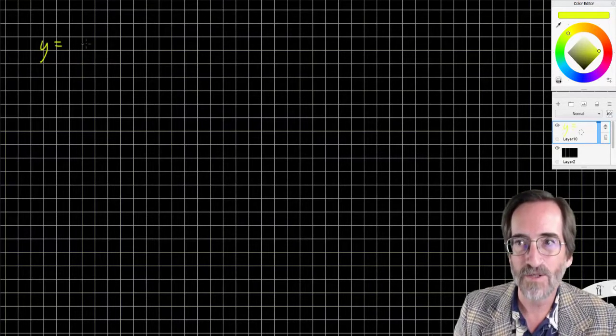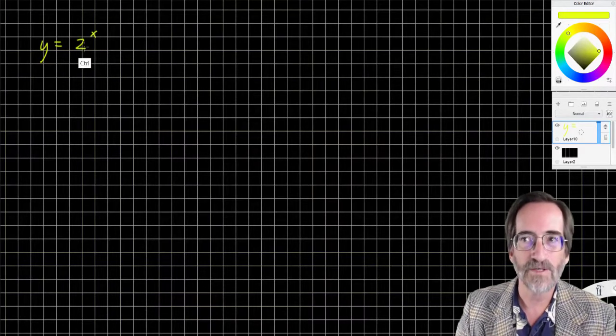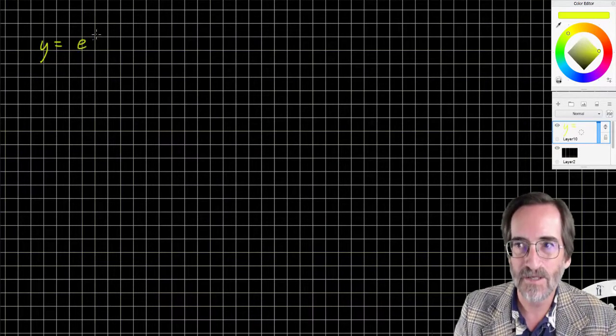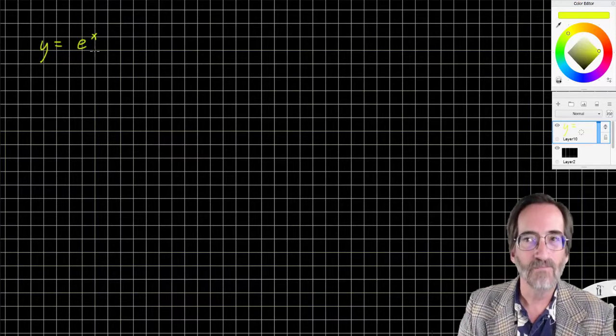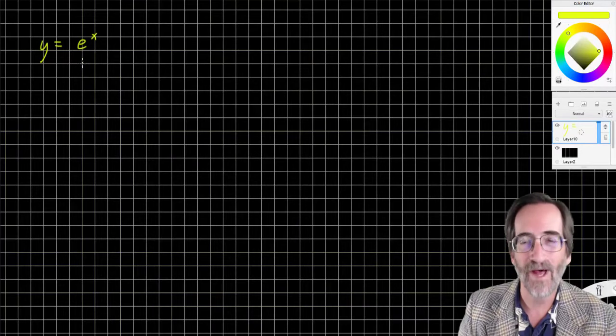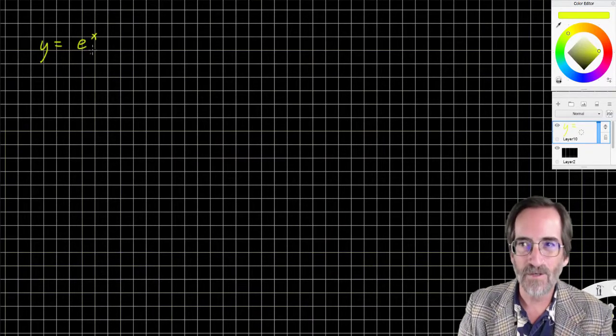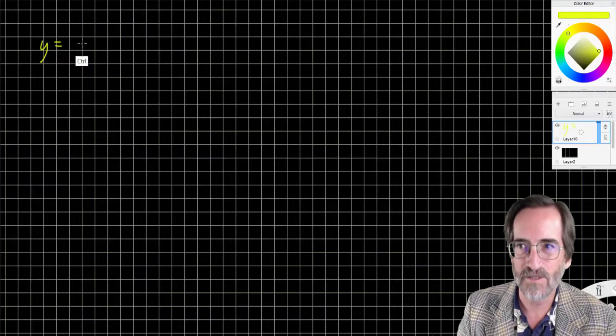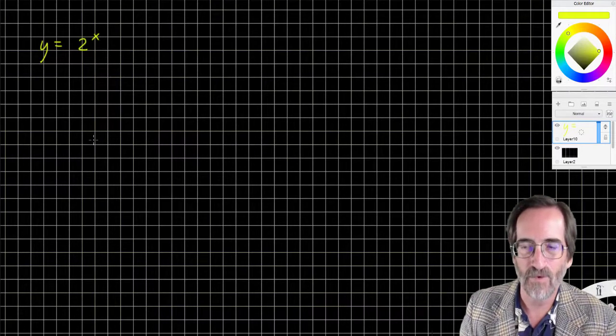So the parent function here could be 2 to the x, or oftentimes is e to the x. Okay, any base raised to the power of x, where x is the independent variable. I'm going to use 2 to the x because it's easier to understand with this particular case.